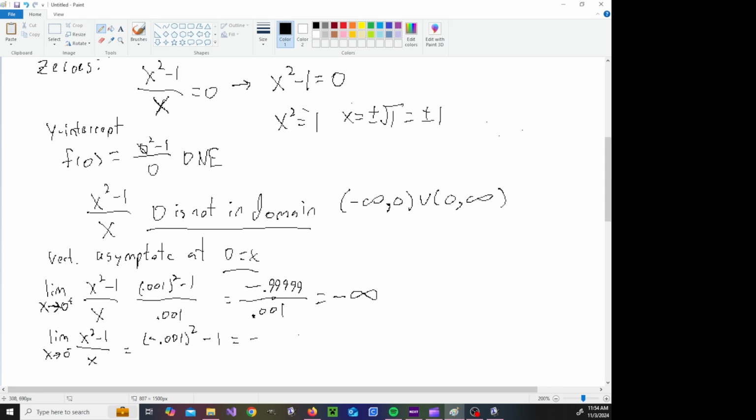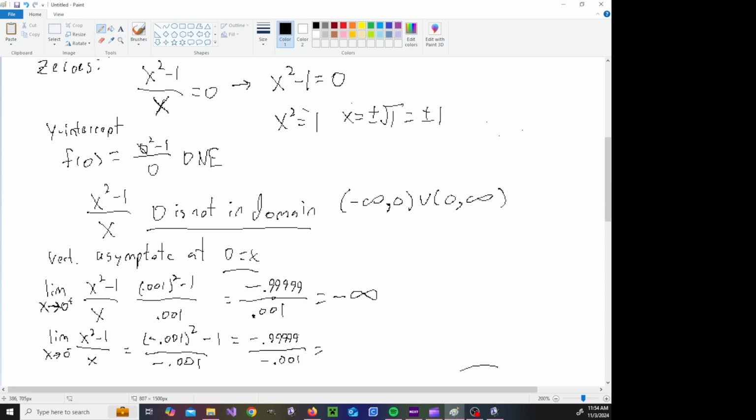Well, that's going to be still, right, 0.001 squared is the same as negative 0.001 squared, so something really small but negative squared gives me really small but positive. And then I subtract 1, and I still get something really close to negative 1. However, I'm plugging in something really, really small but negative, so that would look like dividing by something like negative 0.001.